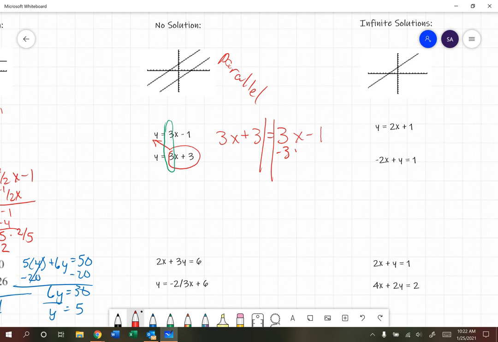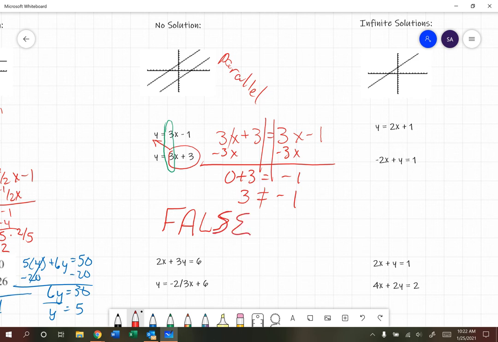And when I solve, well, this cancels, so I get 0 plus 3 equals negative 1. And 3 equals negative 1. That is a false statement. So if you end up with a false statement, you have no solution.